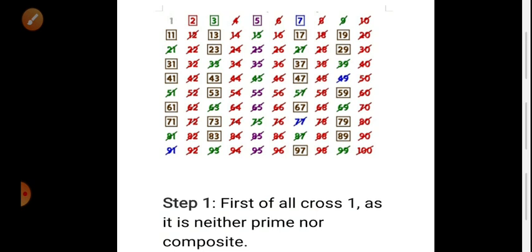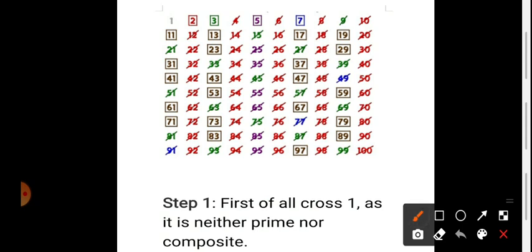The numbers which are encircled in the box: 2, 3, 5, 7, 11, 13, 17, 19, 29, 37, 23, 31, 41.